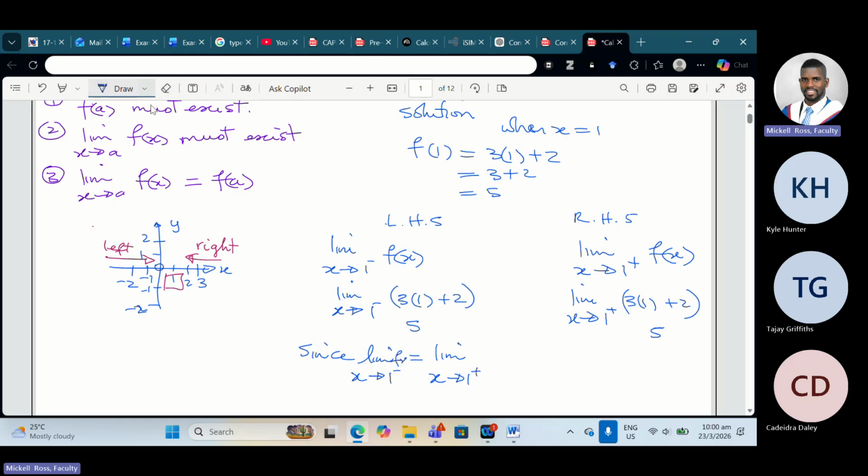We should put f of x right here, so we specify that it is as it approaches the particular function.